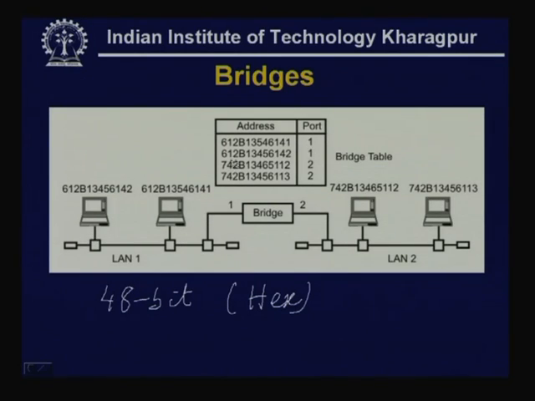So, the table is maintained, address and port number. On port 2, again 2 other stations are connected with these addresses 742B and so on. This is 112, 113. So, this is connected to port 2. This kind of table is maintained in a bridge, and this table is used for the purpose of filtering, or you may call it routing.